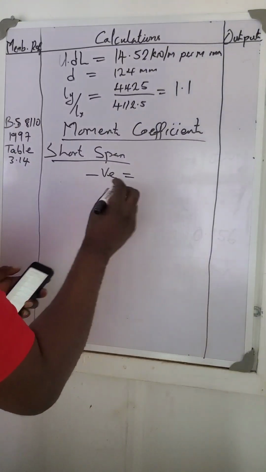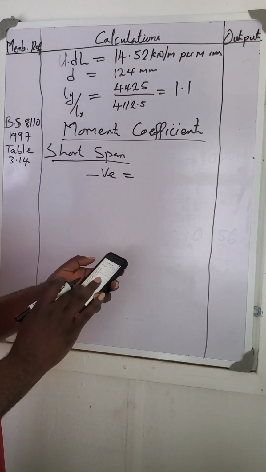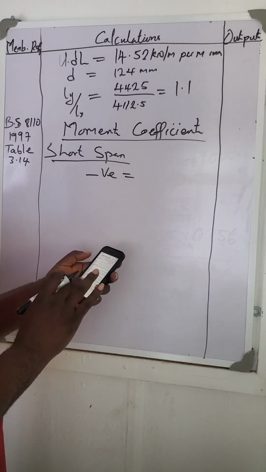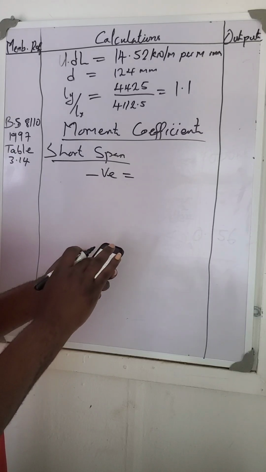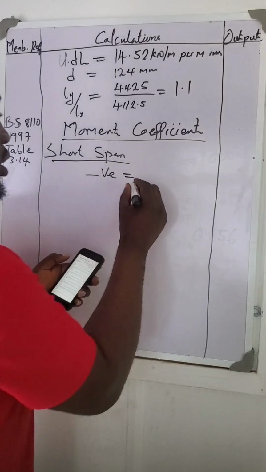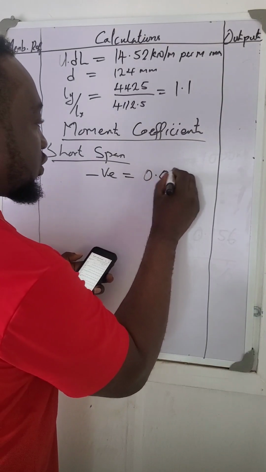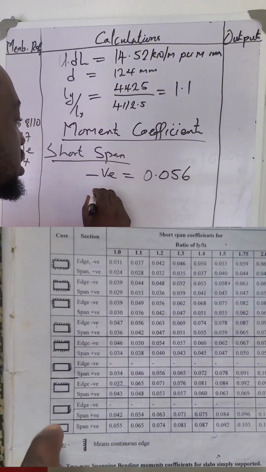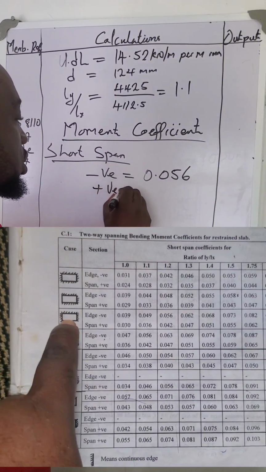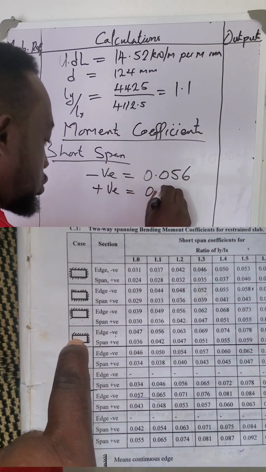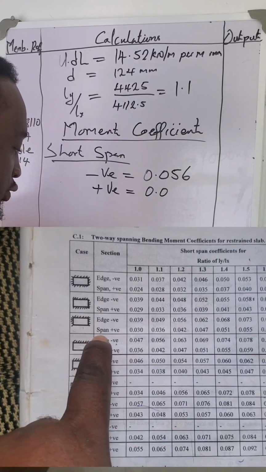All right. Now, two adjacent edges discontinuous, the bending moment coefficient for the ratio of 1.0, trace it down, is negative 0.056, while the positive is equals to 0.042.